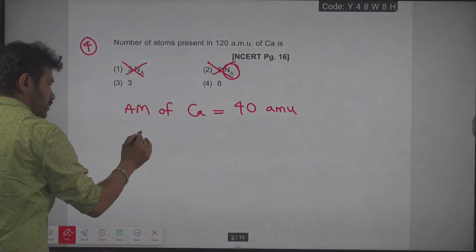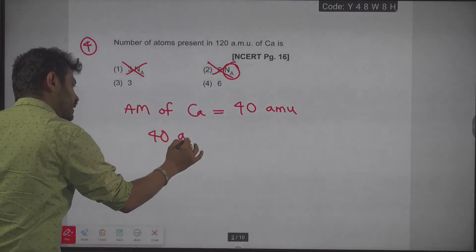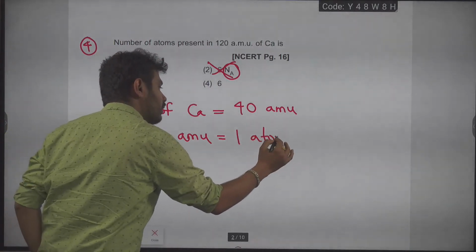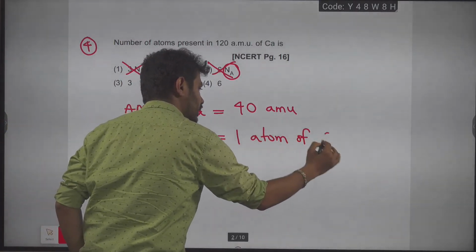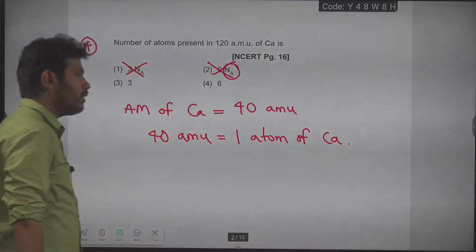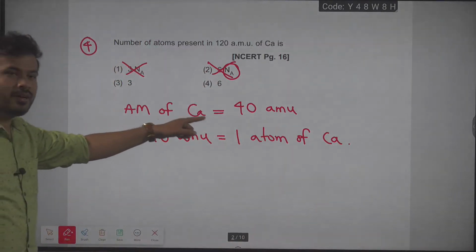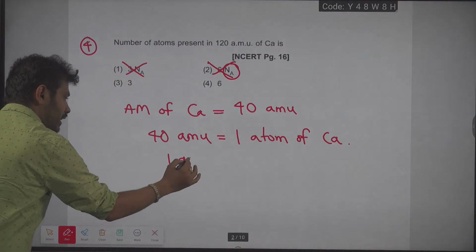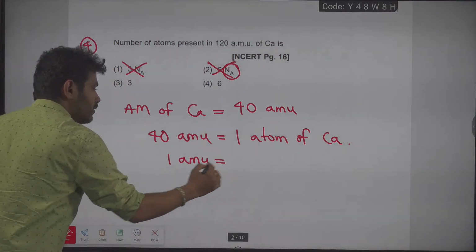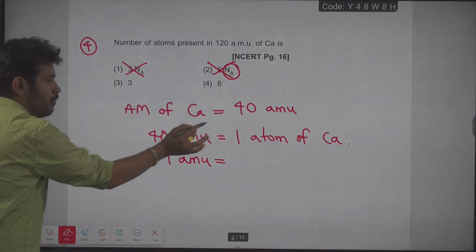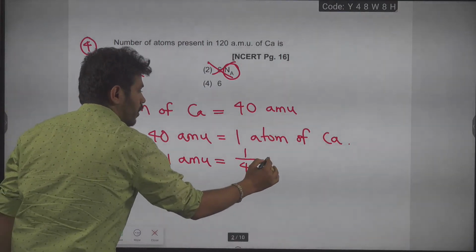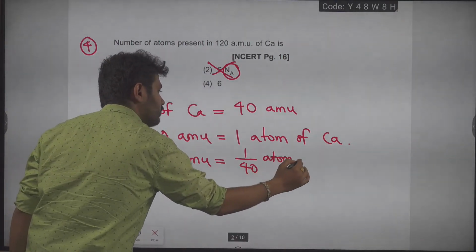So can I write 40 AMU is the mass of 1 atom of calcium? Then 1 AMU will be how many calcium atoms? Just unitary method. 40 AMU, 1 atom. 1 AMU will be 1 by 40 atoms of calcium.